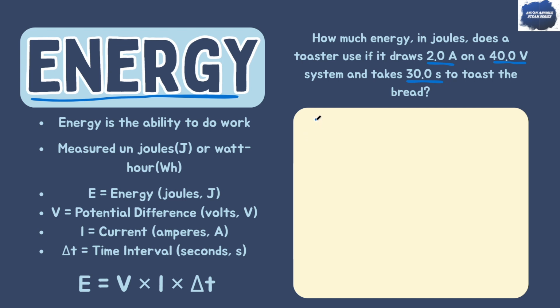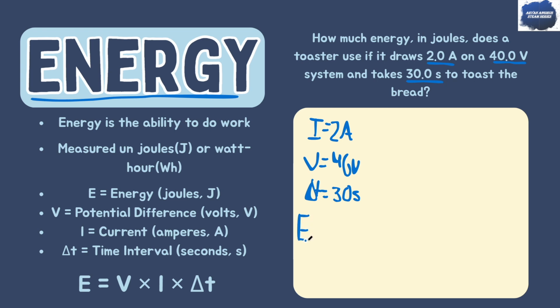So we have I equals 2 amps, V, potential difference, equals 40 volts, and we have delta time, which is equal to 30 seconds. Now all we do is plug in the values.